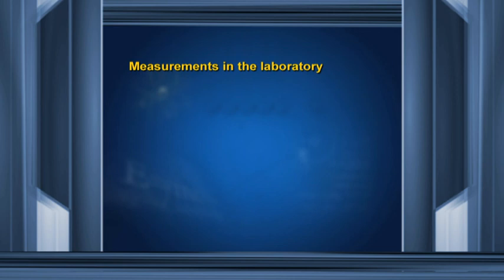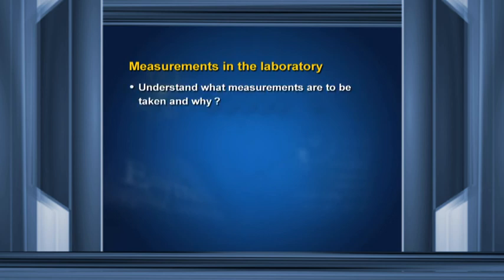Measurement in the laboratory. This is the measurement that you would do in the lab. So, physics in the lab. Understand what measurements are to be taken and why. Study the measuring instrument. Even if it is a scale, study how the markings are. This scale could be reading less than 1 millimeter. You could use a thermometer.